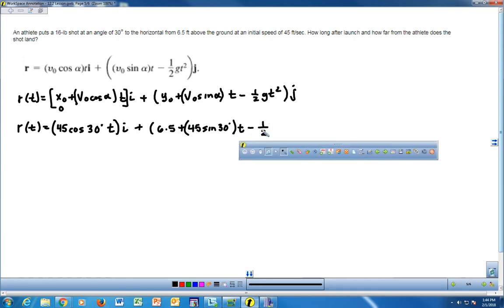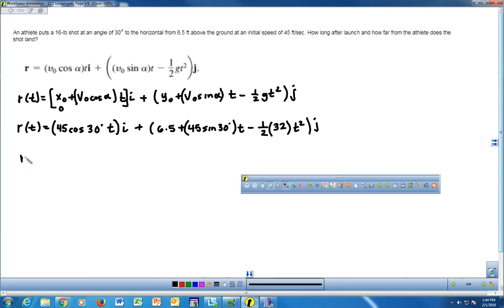Since it is in feet per second, we need to use the gravity in feet per second, which is 32, not in meters per second anymore. So that would be 32 times t squared, and that would be my j component.